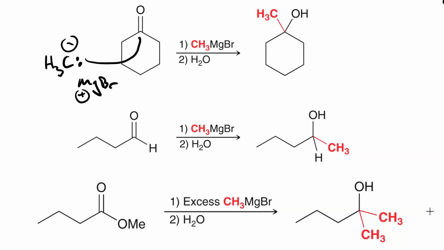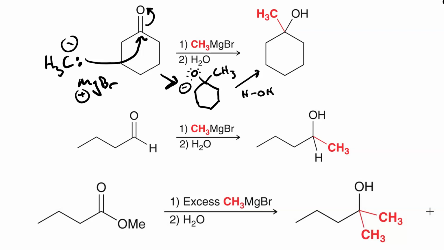And the first step is nucleophilic attack, which exceeds the octet on the carbonyl, to make an oxyanion. So there's our oxyanion, and here's the methyl group that we added, and then water is the weak acid that protonates it. And so that's a Grignard on a ketone.